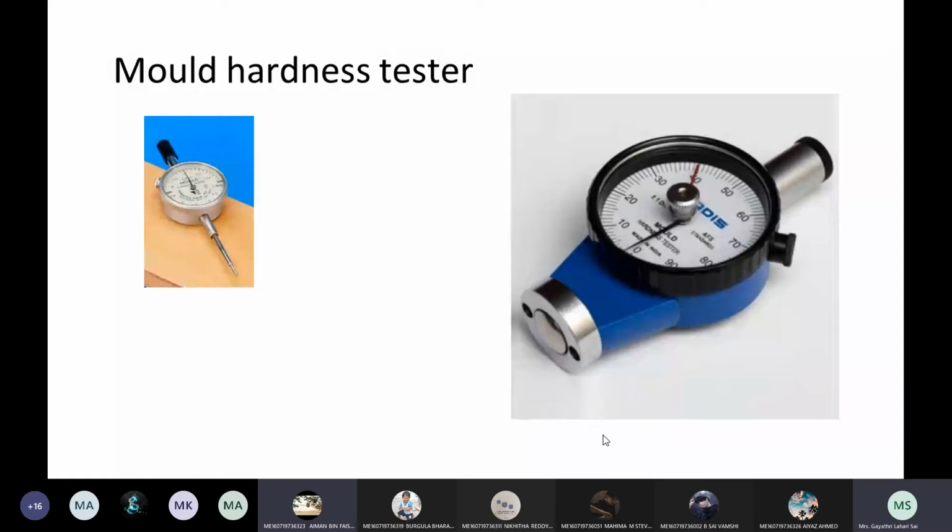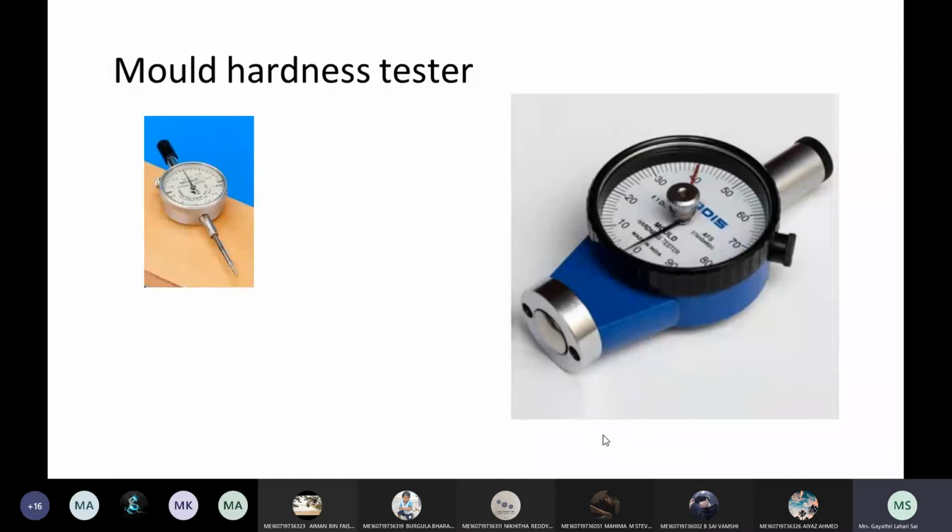Ma'am, because if it isn't hard while molding, it may break down into pieces, and it may distort the cavity. You're thinking about the sand. Sand doesn't need it, but you're using the sand to create the cavity, right? That shape created by the sand, that cavity, should not be distorted.